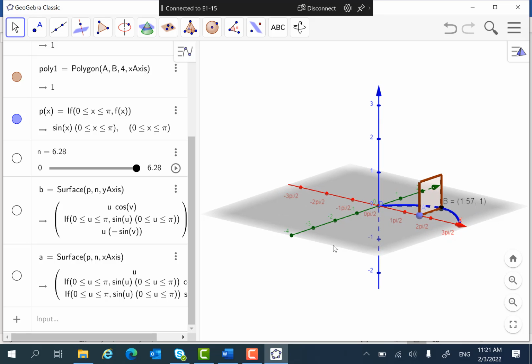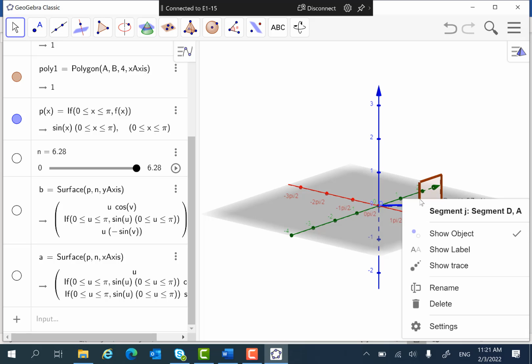It's not done by me. I must give credit to my colleague, Mrs. Liu. Mrs. Liu did it. So she says I must first and foremost click this beam and say show trace.